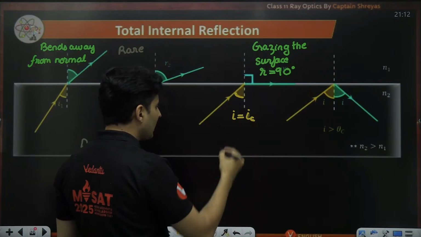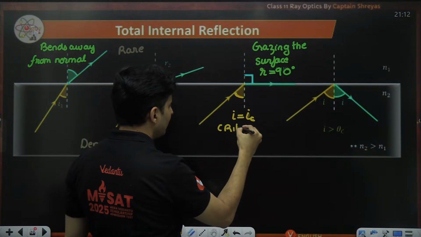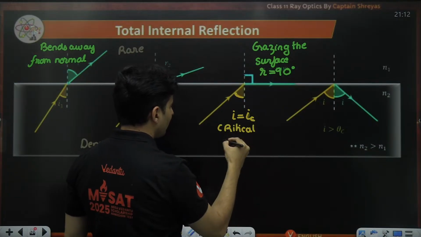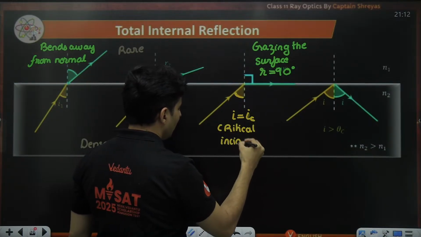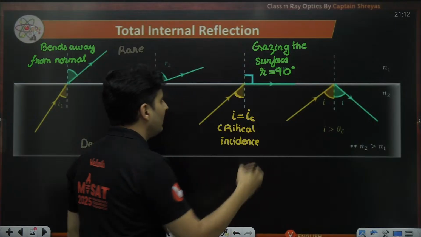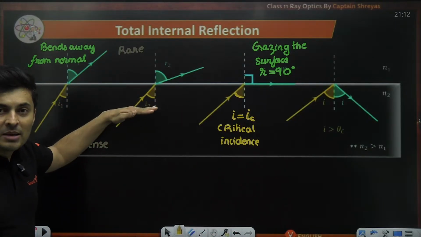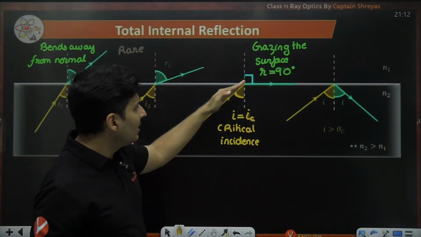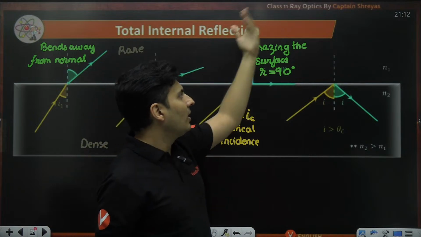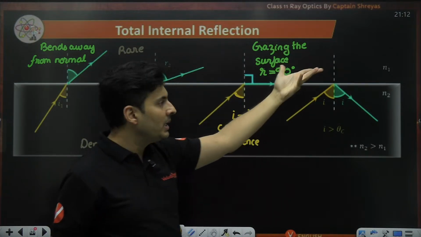It is called critical incidence because that is the maximum angle which you can keep inside the denser medium. Anything beyond that will no longer be able to come out into the other medium.